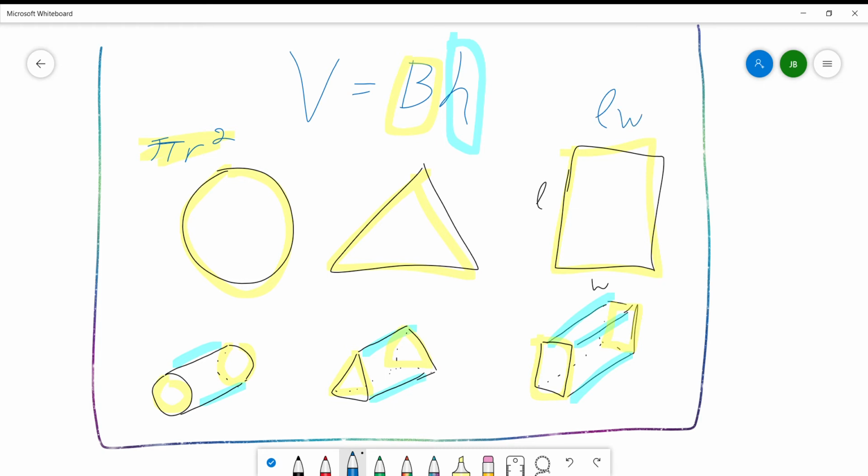Think about what would happen if we cut a rectangle in half. What are we left with? Let's suppose that those are two equal halves. I didn't draw the line perfectly. It's really hard to do. But if we cut it in half, then what's the area of one half? Well, it would be one half of the length times the width. And what we just did here was we found the area of the triangle, right?